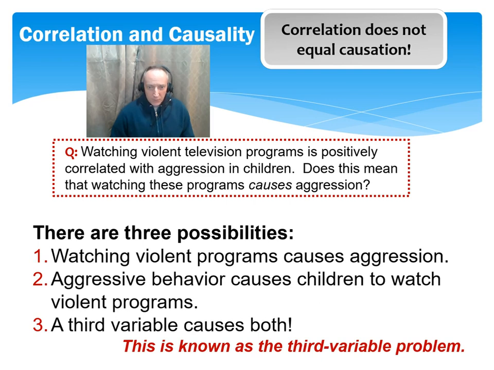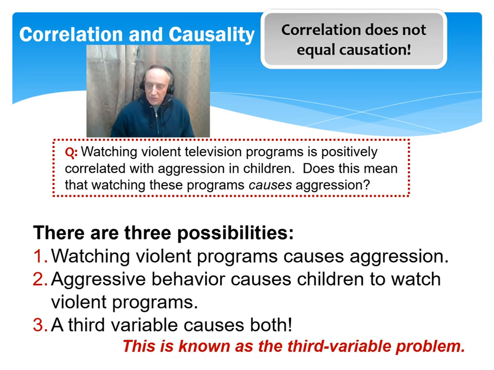So for example, there was a famous correlational study that found a strong positive correlation between kids watching violent TV programs and actual acts of aggression. And it was misinterpreted by some when it was reported in the media that watching violent TV causes kids to behave aggressively. Well, if all we have is correlation, we can't jump to that conclusion.